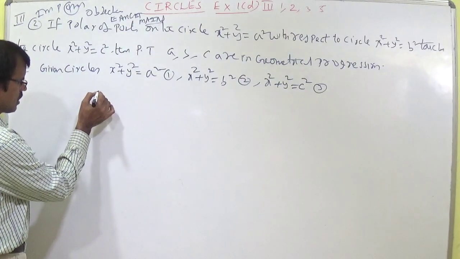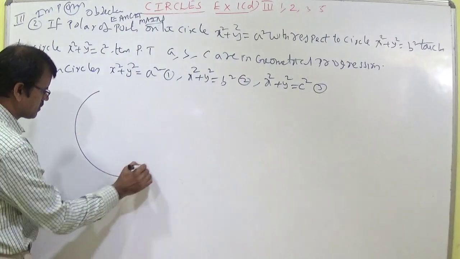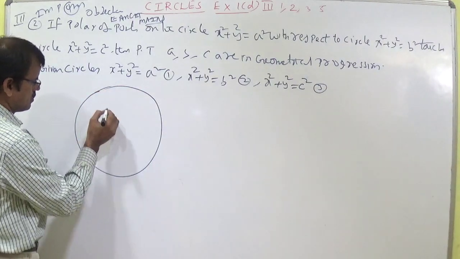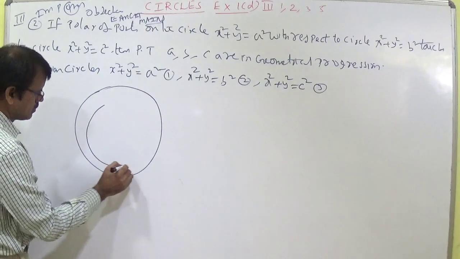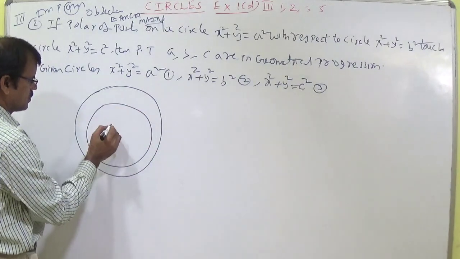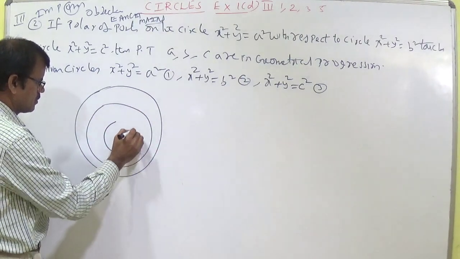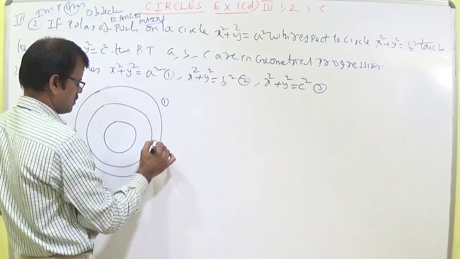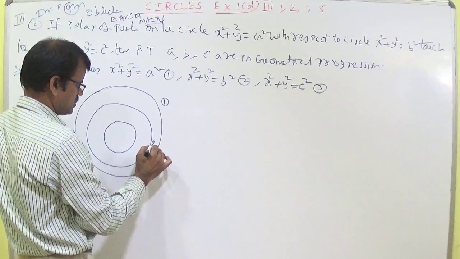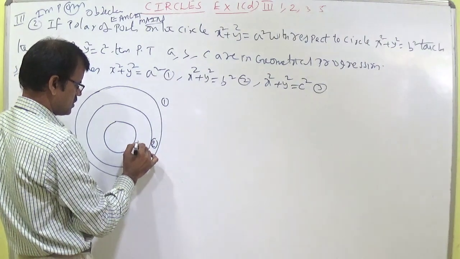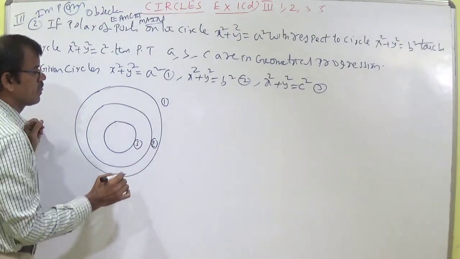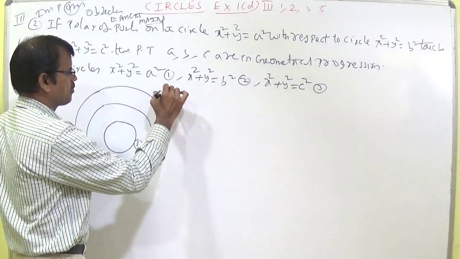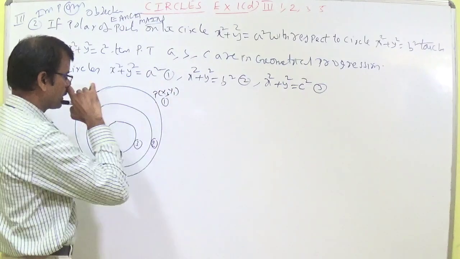Let us draw the diagram, then you can understand. This is the first circle, this is the second circle, and this is the third circle. From here, we should take the point P(x1, y1).